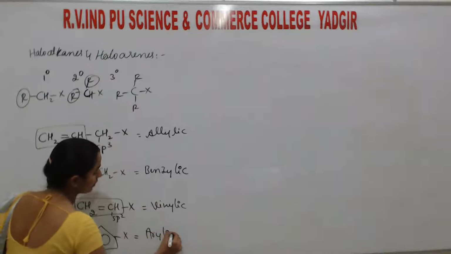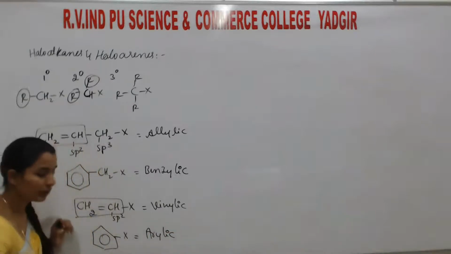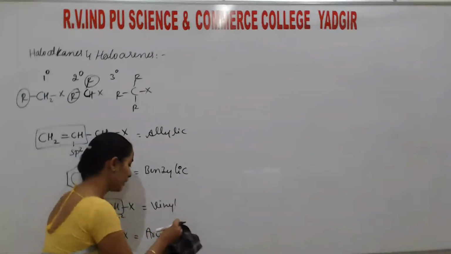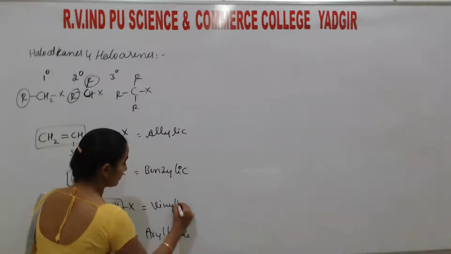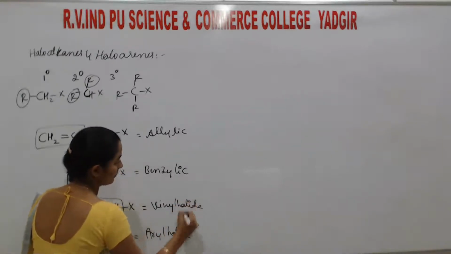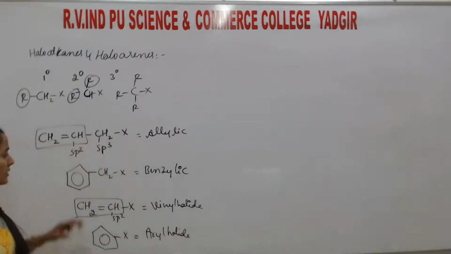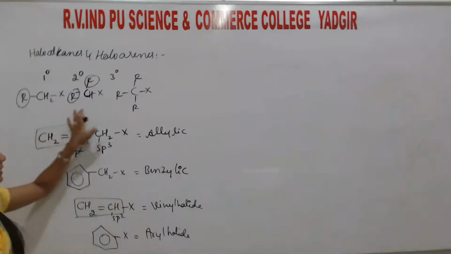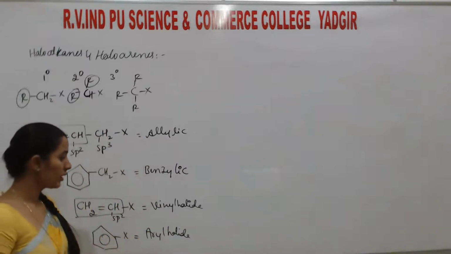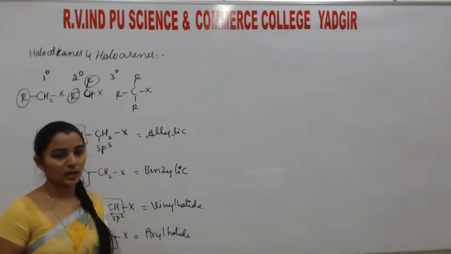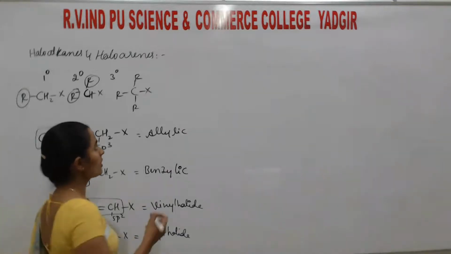So you may take vinyl halide or aryl halide. This is a simple classification: primary, secondary, tertiary, allyl, benzylic, this vinyl halide, and this one is aryl. Okay, next one is nomenclature.